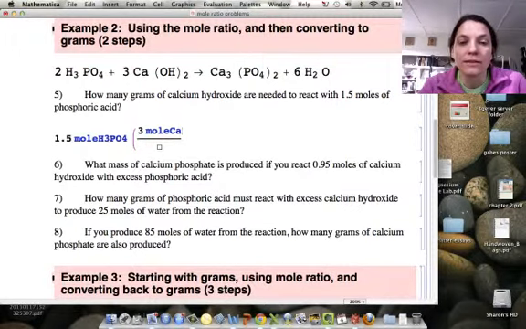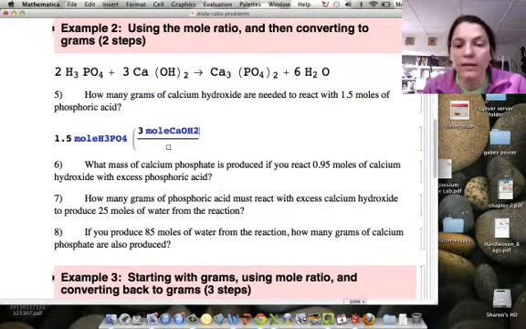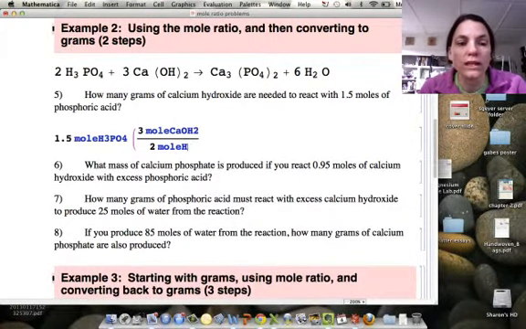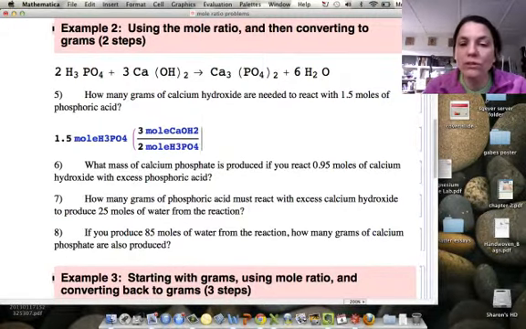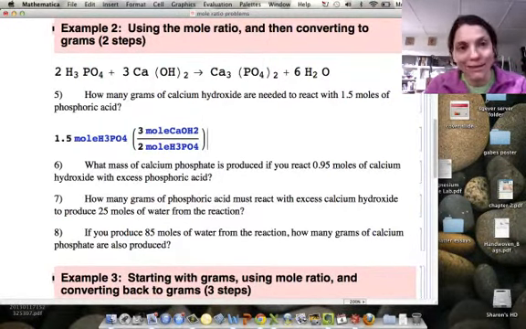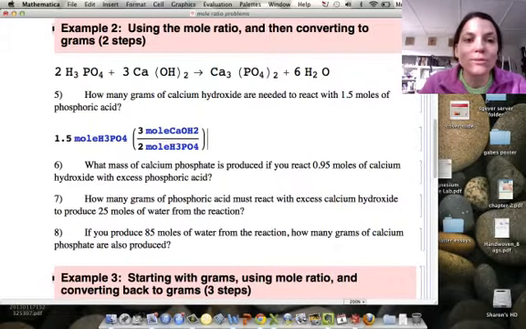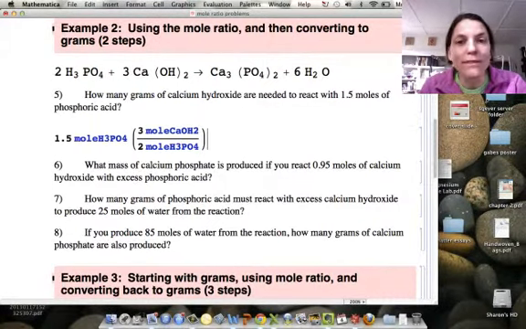Ca(OH)2. Let's leave out the parentheses because that gets things confused. And 2 moles of H3PO4. So far, we haven't done anything new. This is exactly what we did in the first set. Started with moles, used the mole ratio, and then we have the moles of the new thing.